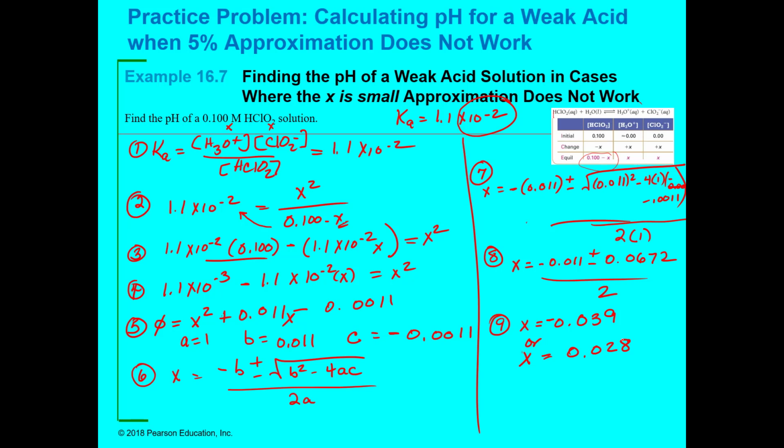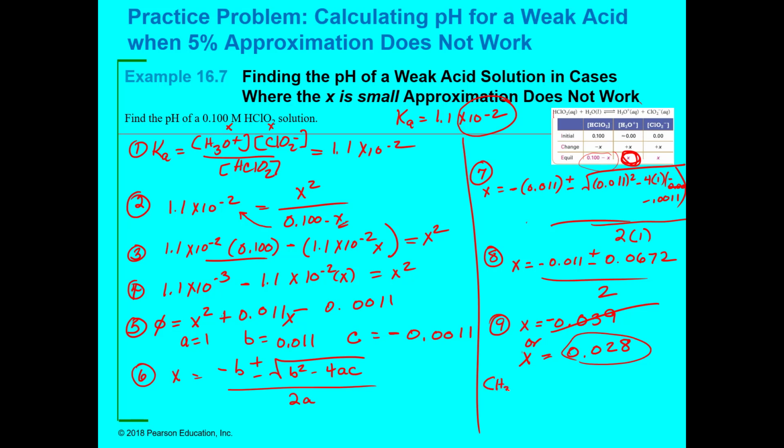Now remember, when I do the quadratic, I've got to figure out which one is not real. Well, it can't be a negative number, right? Can't be a negative number. All right, so I know that one can't be it. So this is going to be my x, and so my x is the concentration of the H3O plus.